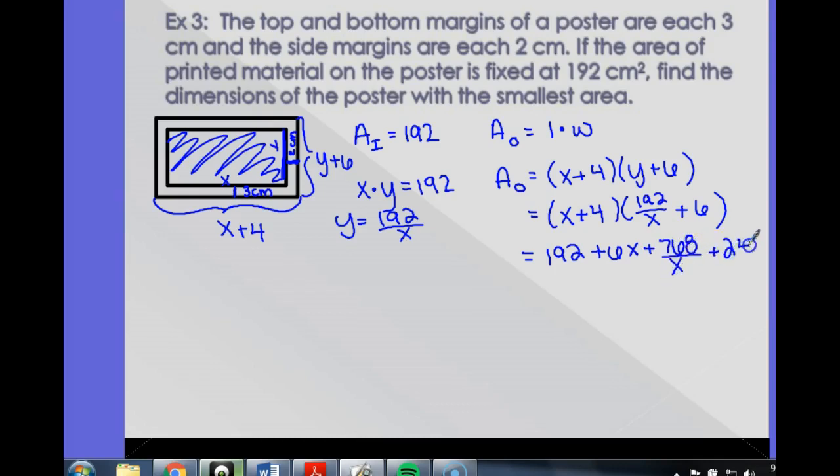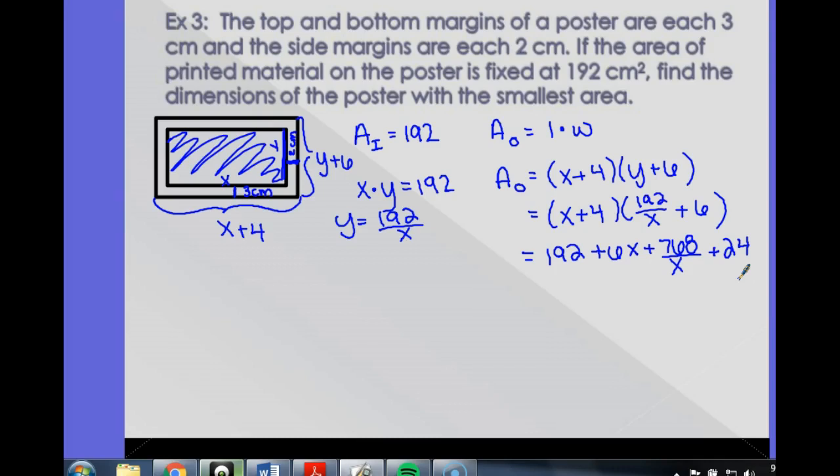And then 6 times 4 is 24. How do I find a max or a min? What am I going to do? Find the max or the min area of that problem.